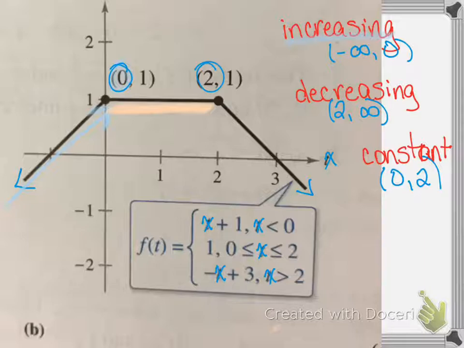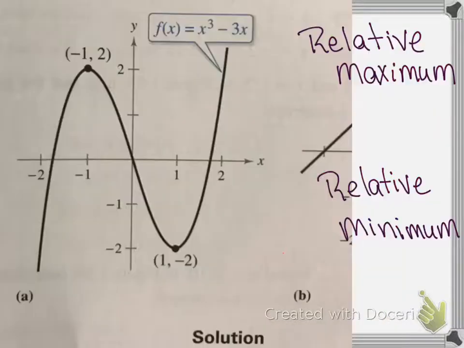Can I go to the next screen? What I want to talk about now is relative maximum and relative minimum. You have looked at quadratics before, and you've seen a graph of a quadratic quite a bit. A quadratic has what we call a vertex.